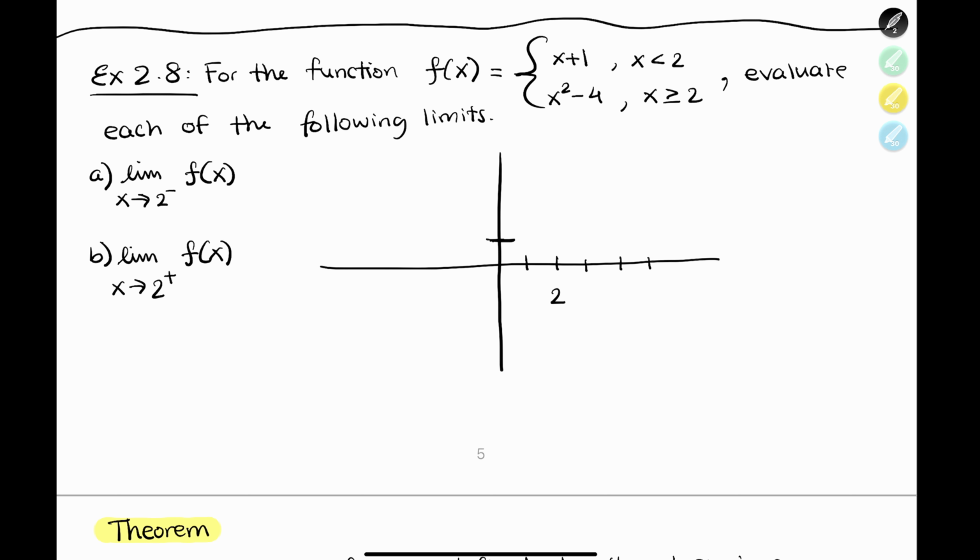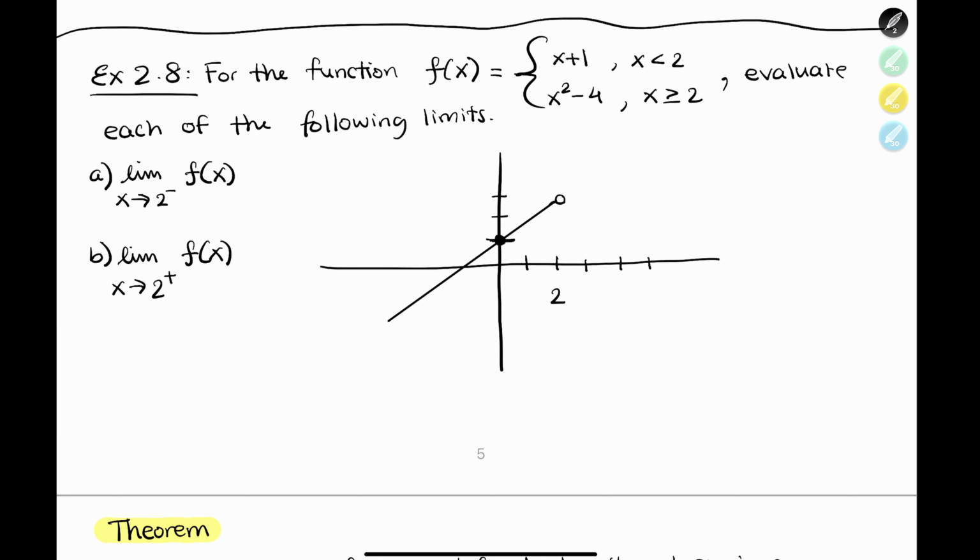We know that x plus 1 passes the point 0, 1, so it goes all the way up to 2 over there. It's a straight line that approaches x equals 2 at the point 2, 3, because if you plug in 2 in the function x plus 1, you would get 3.